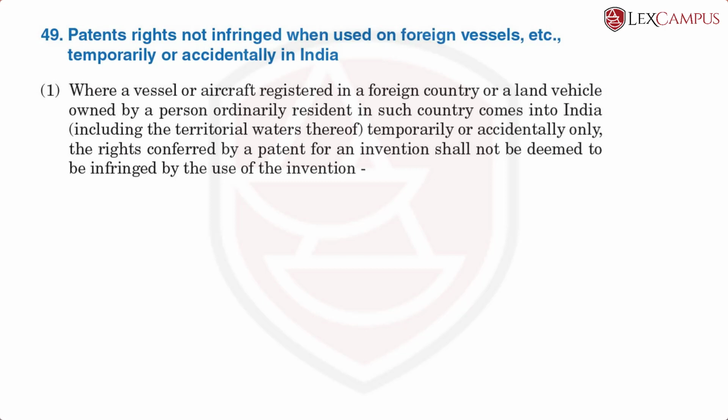Now assume that when the aircraft comes into India, there is a patent over a technology which forms a part of that aircraft, and that patent is granted by the Indian Patent Office. Technically, the arrival of the aircraft into Indian land would amount to infringement because there is an existing patent covering that piece of technology and the Indian Patent Office has granted a patent.